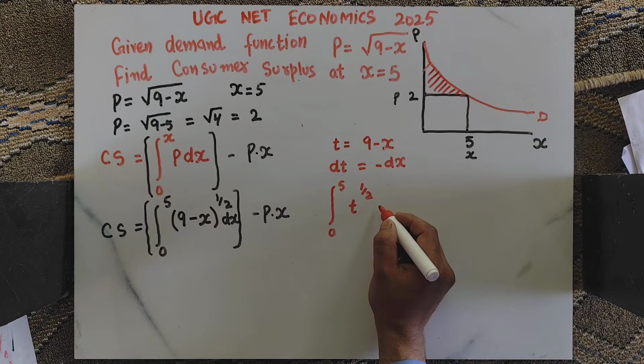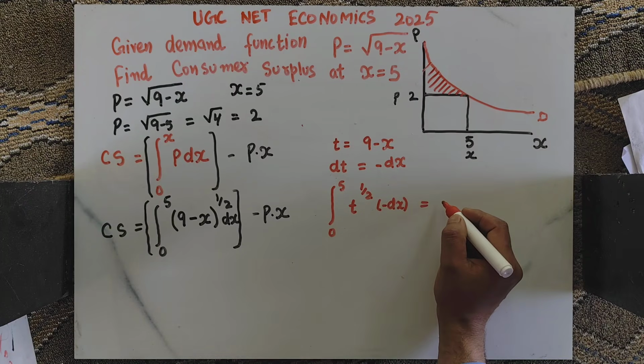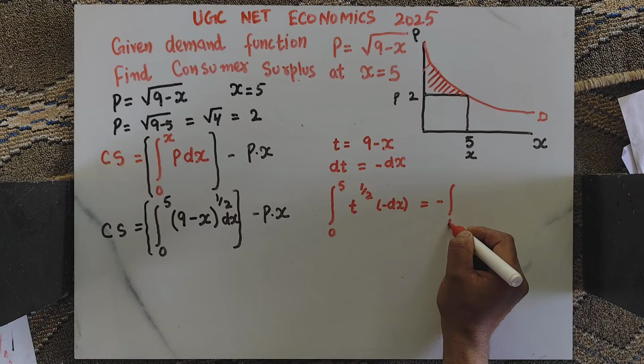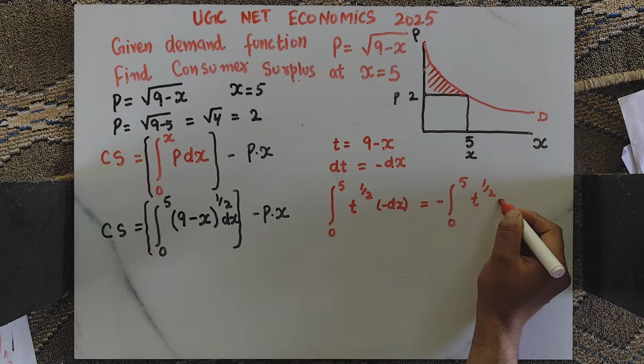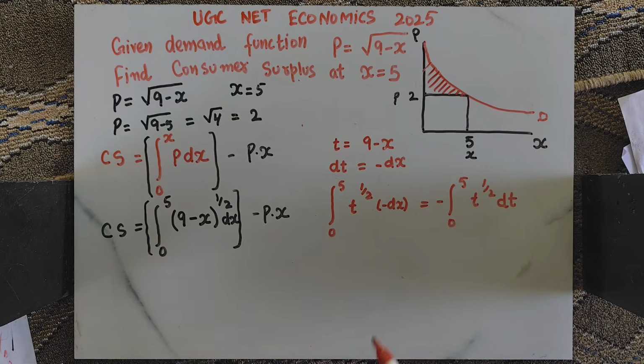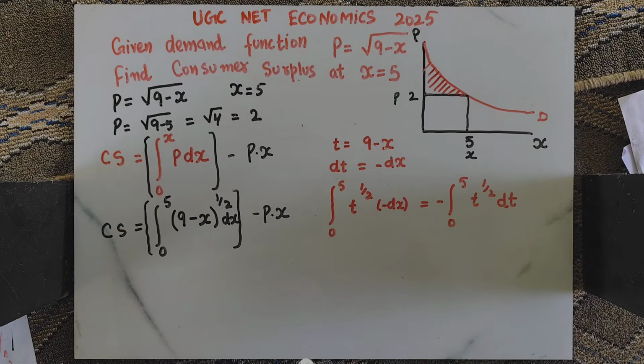So we get minus the definite integral from 0 to 5 of t raised to the power 1 upon 2 times dt. In place of minus dx we have dt, so we took this minus common, out of the definite integral.